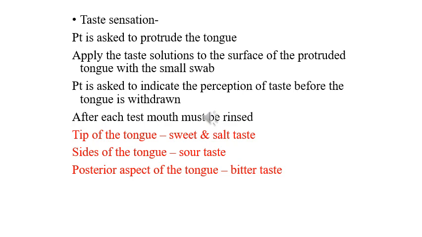The patient is asked to indicate the perception of taste before the tongue is withdrawn, to show which taste he has felt. After each test, the mouth must be rinsed. At the tip of the tongue, usually sweet and salt tastes can be sensed. Sides of the tongue sense sour taste and the posterior aspect of the tongue the bitter taste.